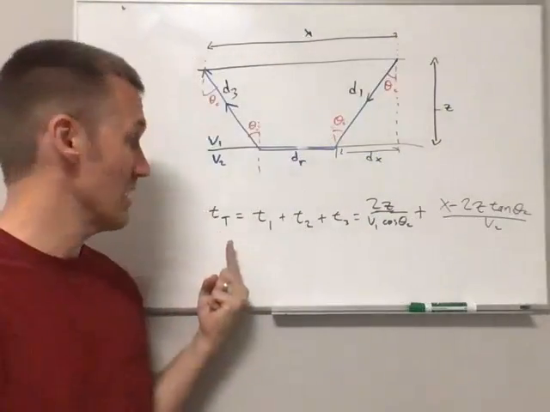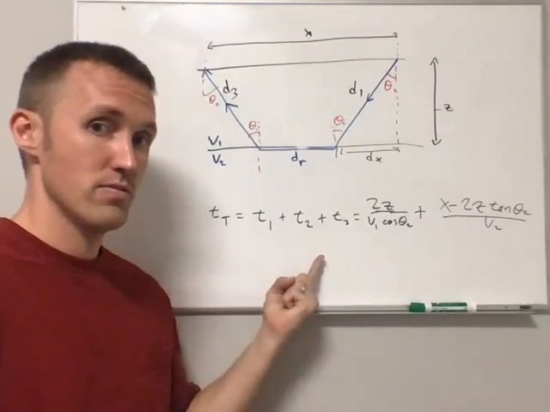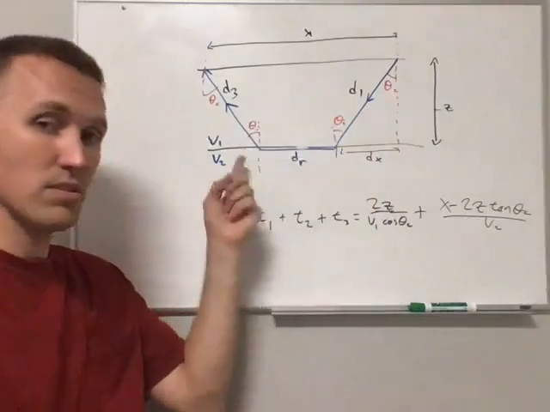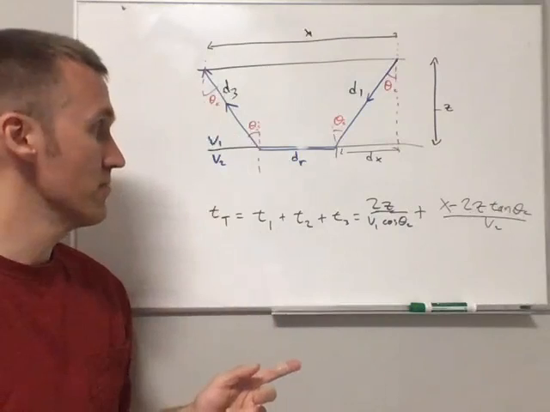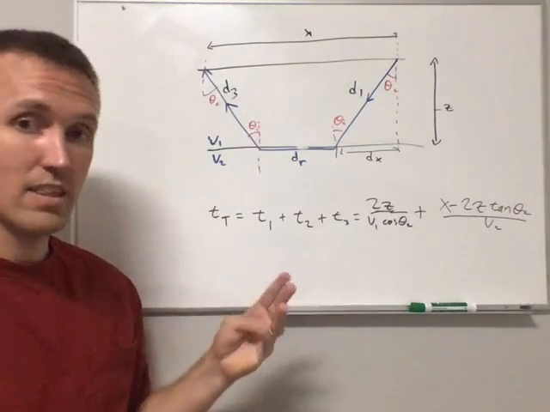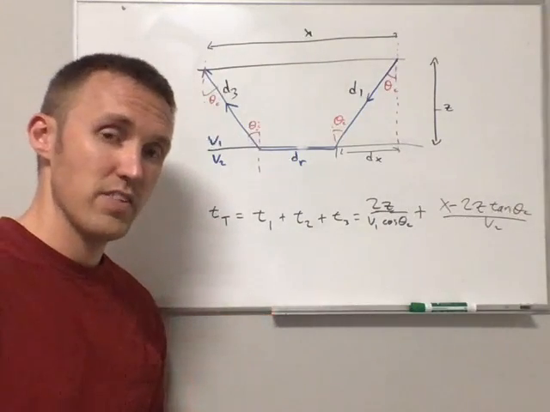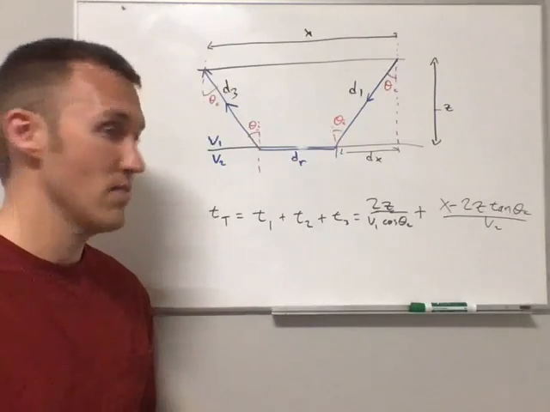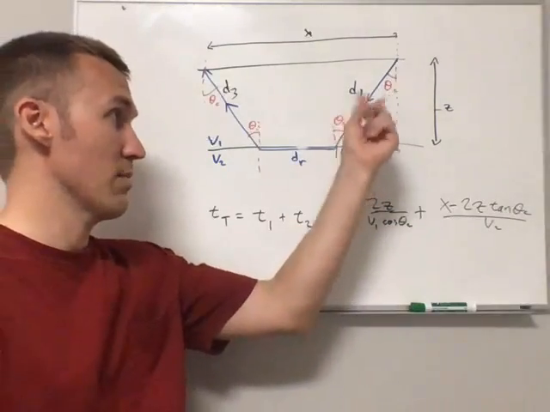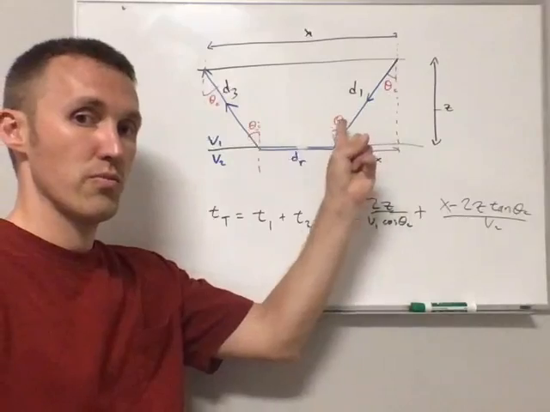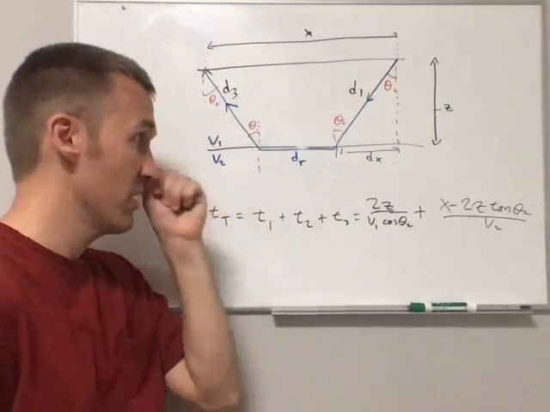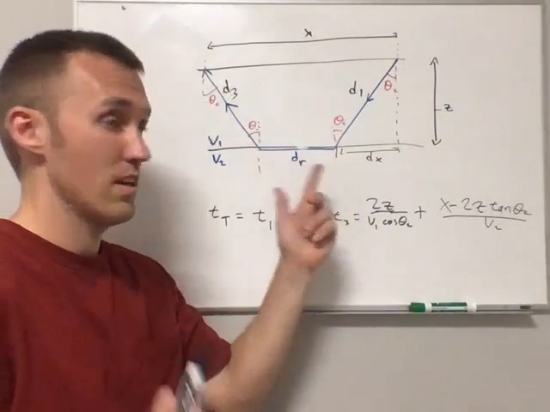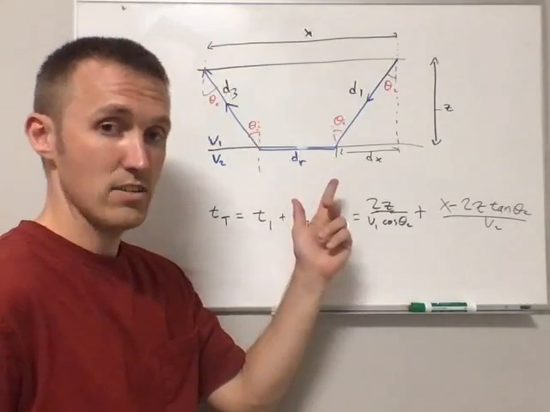Total time is equal to the sum of the time taken by each segment of the ray along its path. We just simply take the distance traveled divided by the velocity of that layer to get the time traveled, which we do for each segment. These two segments are both in the first layer, so they're velocity 1. This segment's speed is governed by the second layer, so we use v2.